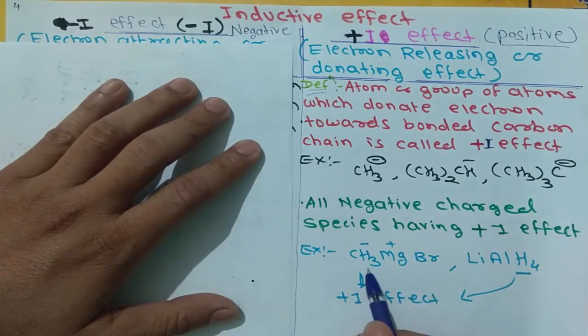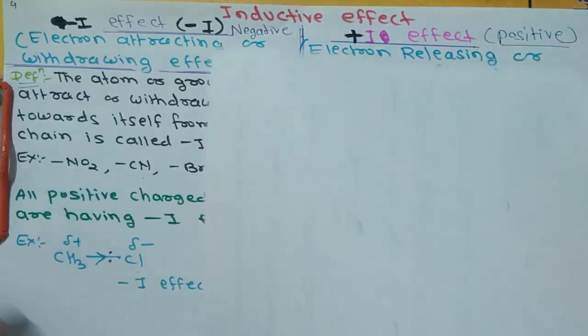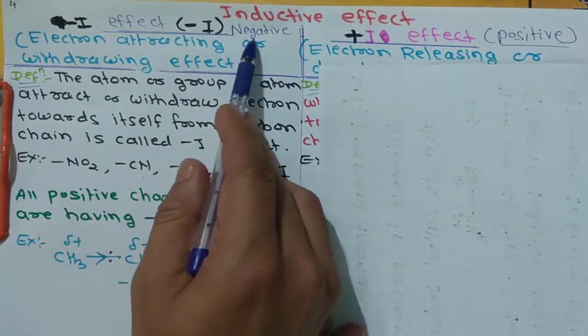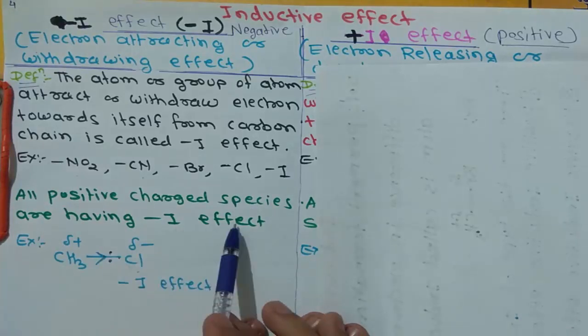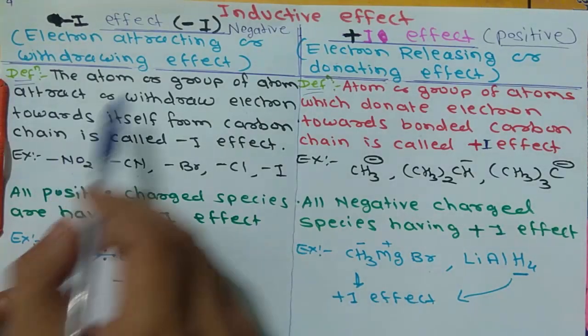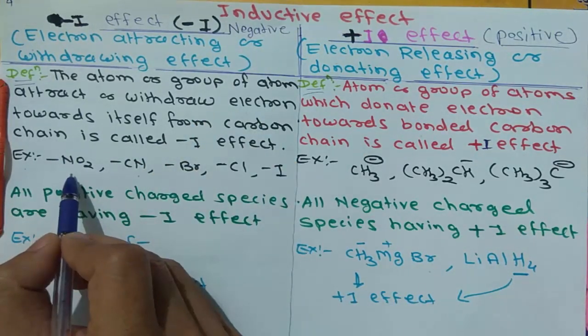In the Grignard reagent, this CH3 has the plus I effect. In LiAlH4, the hydrogen has the plus I effect. Similarly, in the negative inductive effect, all positively charged species have the minus I effect. These are some examples of the negative inductive effect.